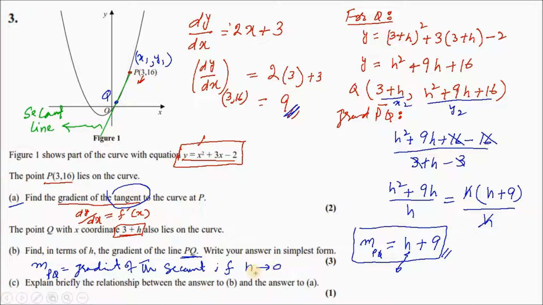That's the meaning of this arrow. H approaches 0. It is not 0, just very small. So if h is very small, then you can put h as 0 here. So m of PQ equals 9, which is the same as the gradient. That means the gradient of the secant would be equal to the gradient of the tangent at P, and this is only possible if you make h small.